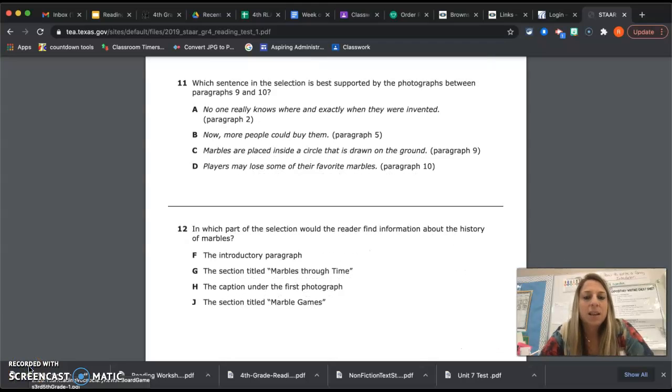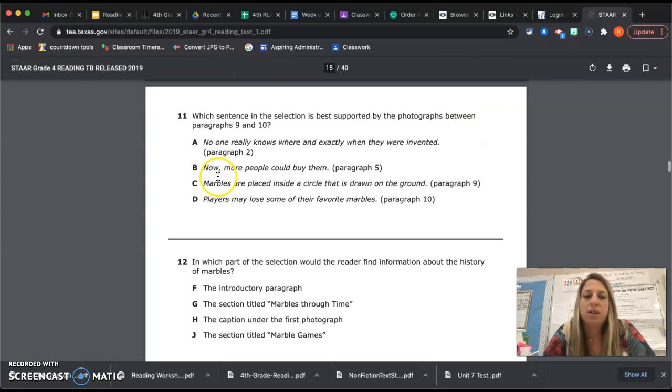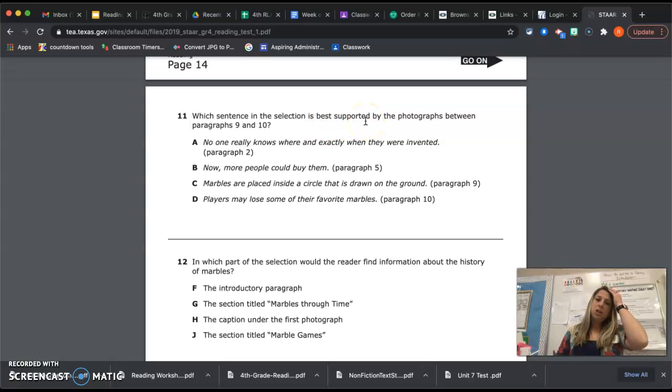Okay, so the last thing I want to talk about is a question that would be similar to this question number 11. Which sentence in the selection is best supported by the photographs between paragraphs 9 and 10? So they're not necessarily saying like, what are they doing in the picture? But you have to know what they're doing to pick out a sentence that explains what they're doing.